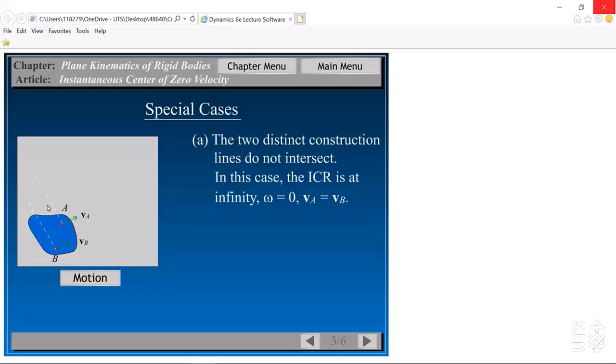So this means no intersection point can be found between these two lines. What does this mean? This means at this instant, no IC point, and this rigid body at this instant is actually undergoing a translation.